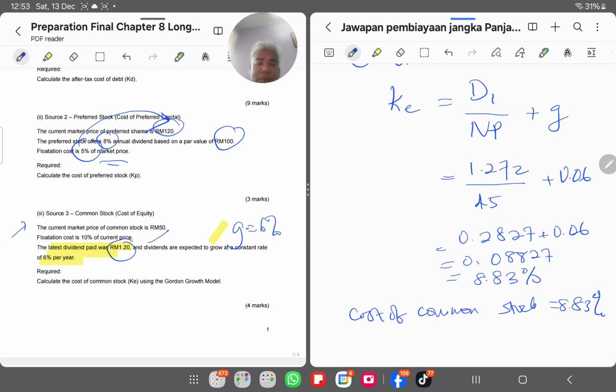So the final answer is cost of common stock is 8.83%. So we have three costs of financing.